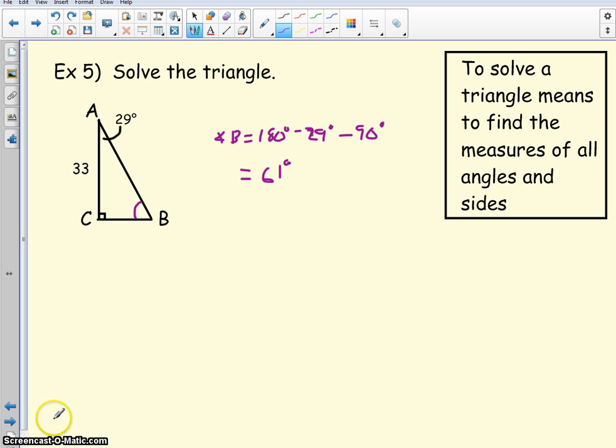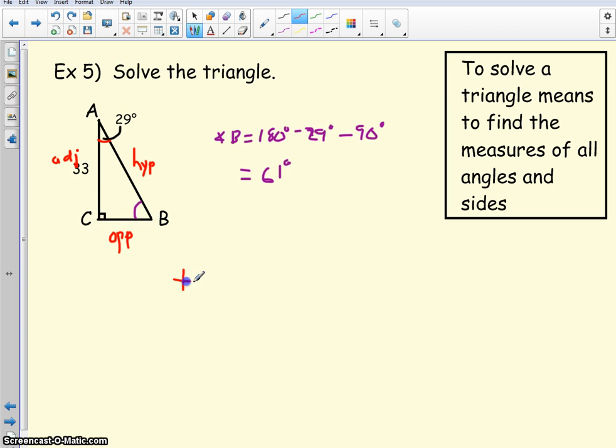Okay, and now you can work on trying to find the sides. I'm sure you remember to label your sides here. If you're choosing to work with the 29-degree angle, then that will make BC the opposite, and the side that's 33 will be the adjacent. Then you can basically choose which side you want to solve for first. I'm going to solve for the opposite first, so I'm going to need a ratio that involves opposite and adjacent.